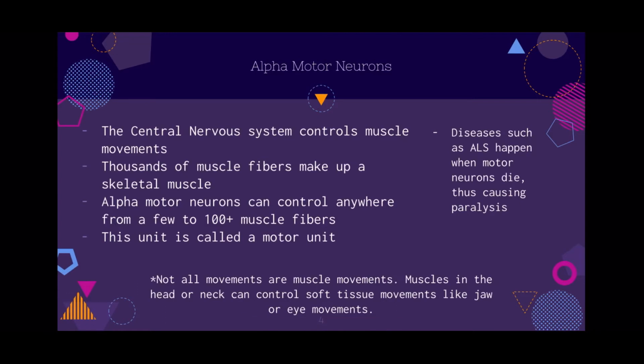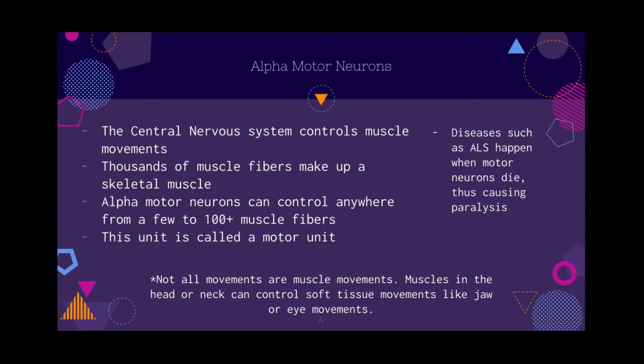Okay, so now we're going to talk about alpha motor neurons. The central nervous system controls all these muscle movements, and there are thousands of muscle fibers in a single skeletal muscle. Alpha motor neurons can control anywhere from a few to 100 plus muscle fibers.